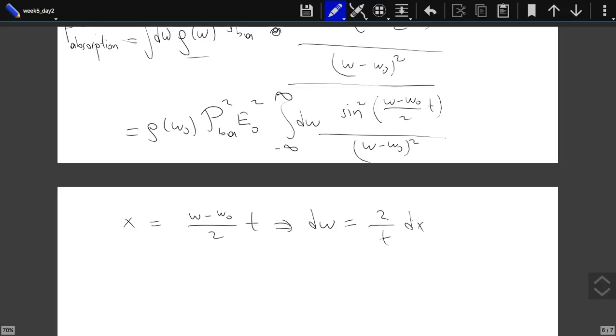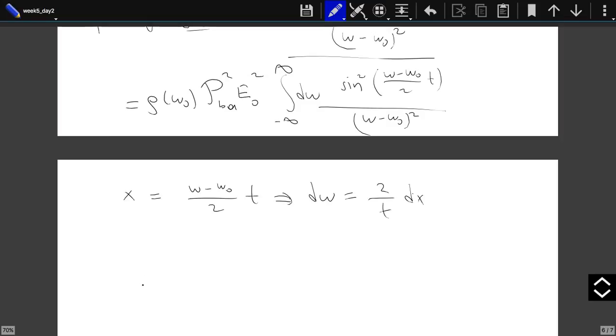I'm just adding terms that are negligible. Should it change if you go from 0 to infinity or minus infinity to infinity? Why? Double? No. You see, that function is this one. So whether you take it from 0 to infinity or minus infinity to infinity doesn't make any change.